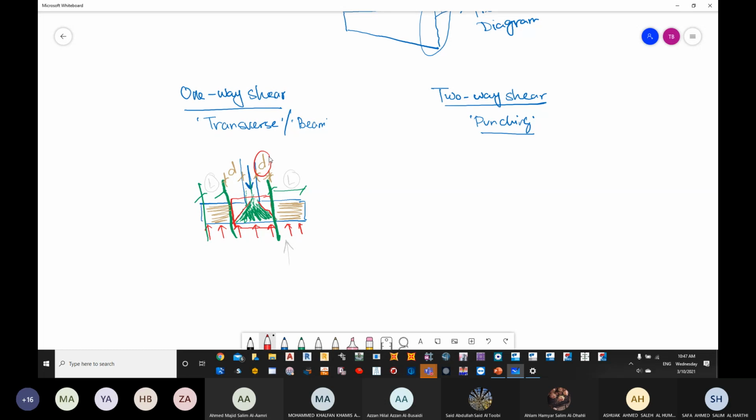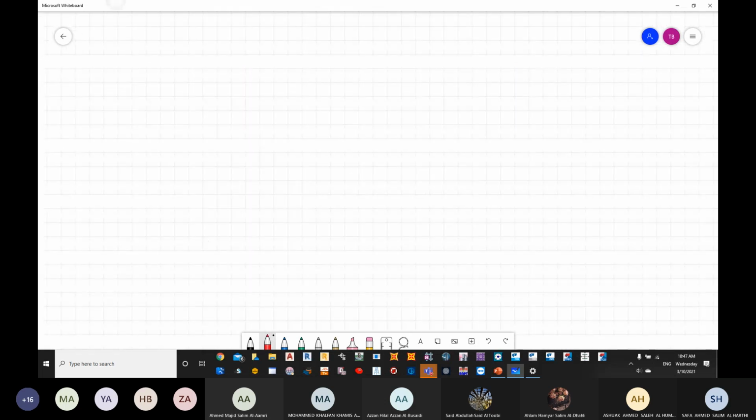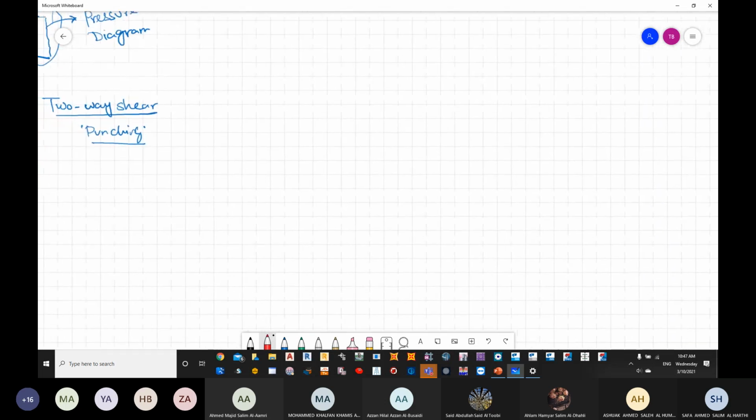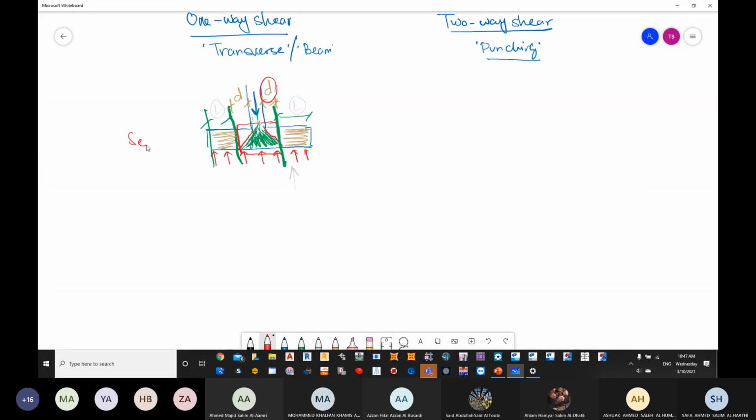Okay, now the same thing goes for two-way shear. Now in two-way shear, what will happen? This was in terms of section. Now in terms of plan. Okay. This is my plan, and this is going to be my foundation.